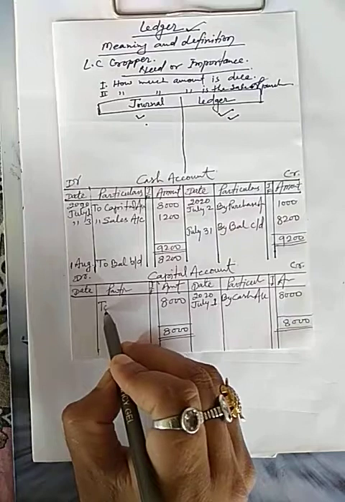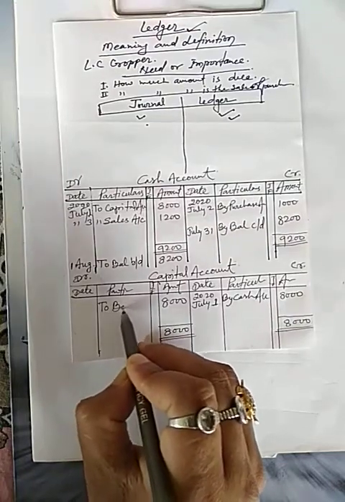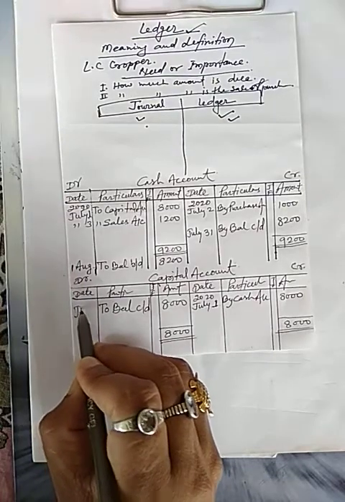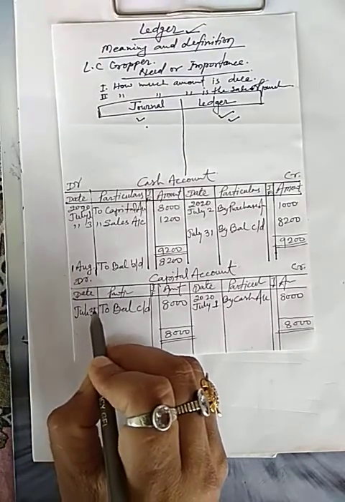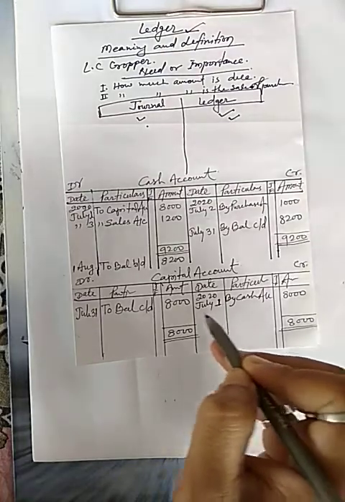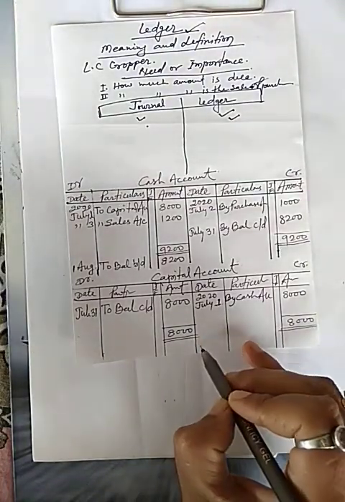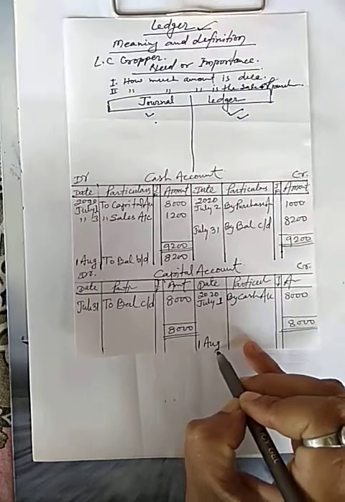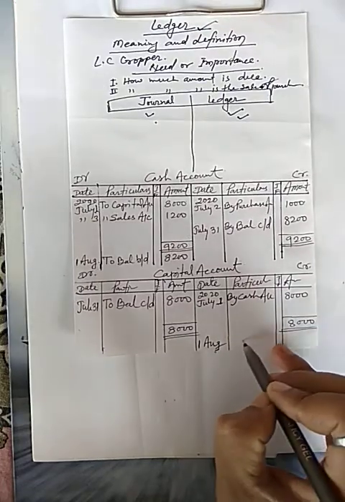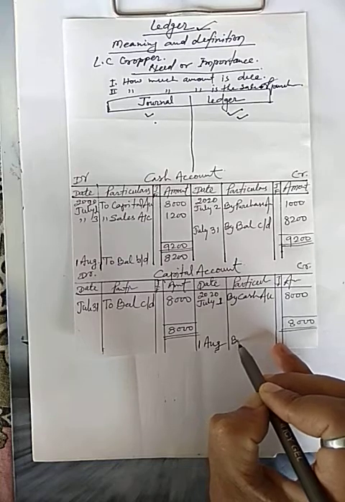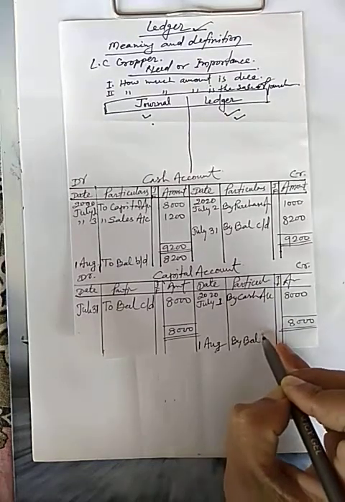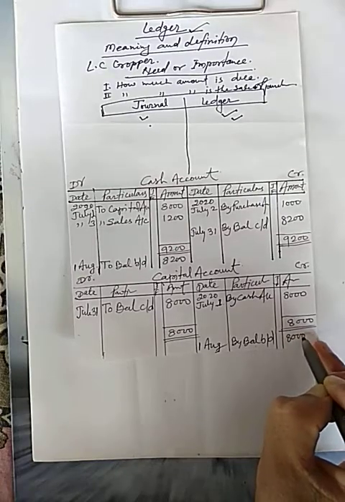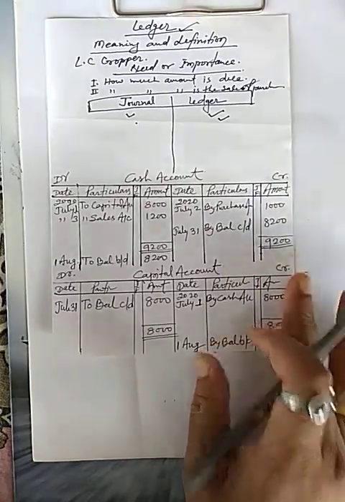To balance c/d on July 31st, and it will transfer to next month, so on 1st August by balance b/d 8,000. So this is the process.